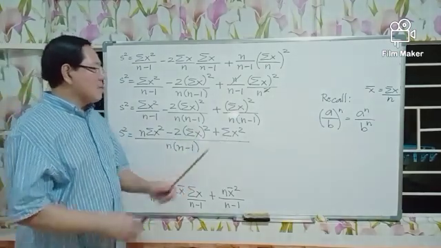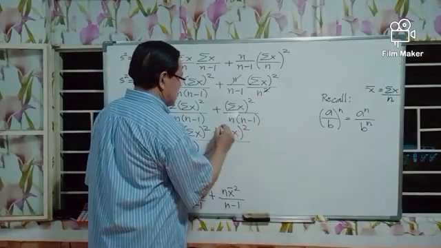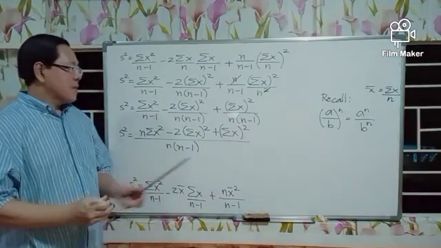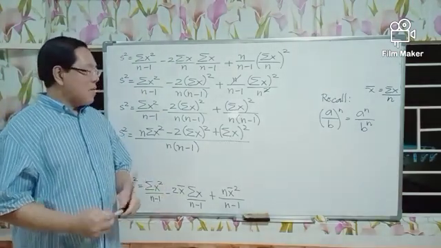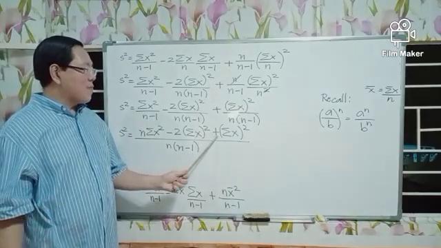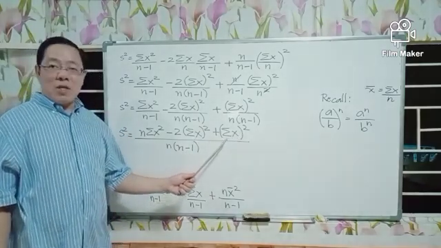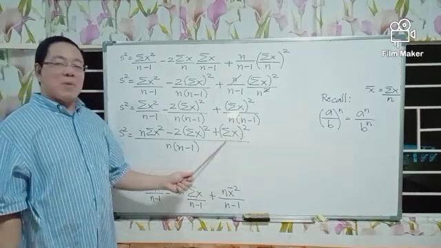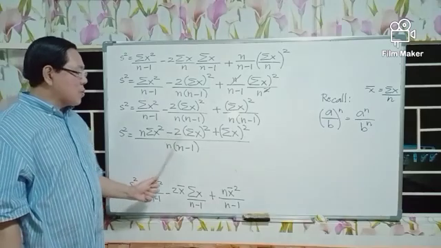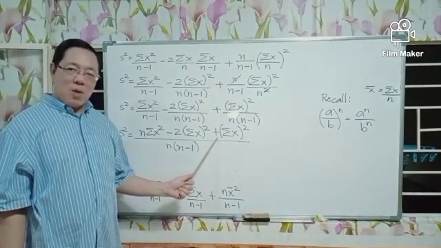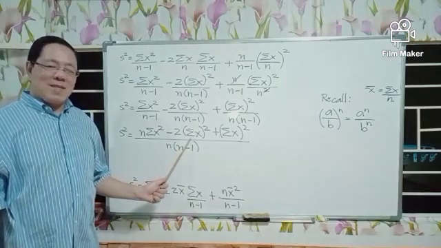In the last term, the coefficient of the square of the summation of x is 1. So we add the numerical coefficients, minus 2 plus 1 is minus 1, multiplied by the square of the summation of x.